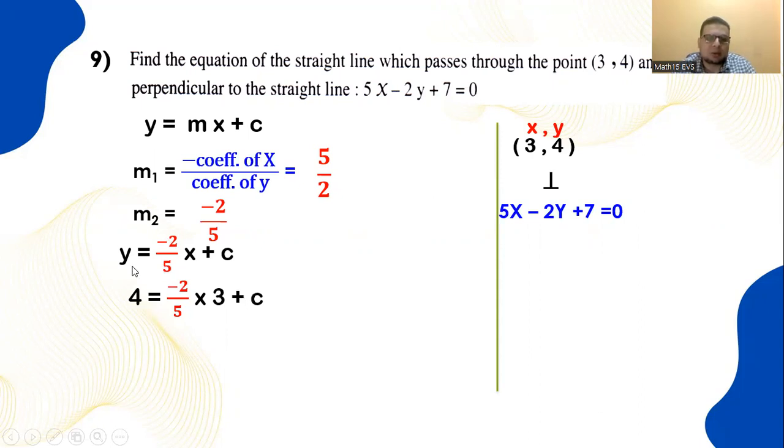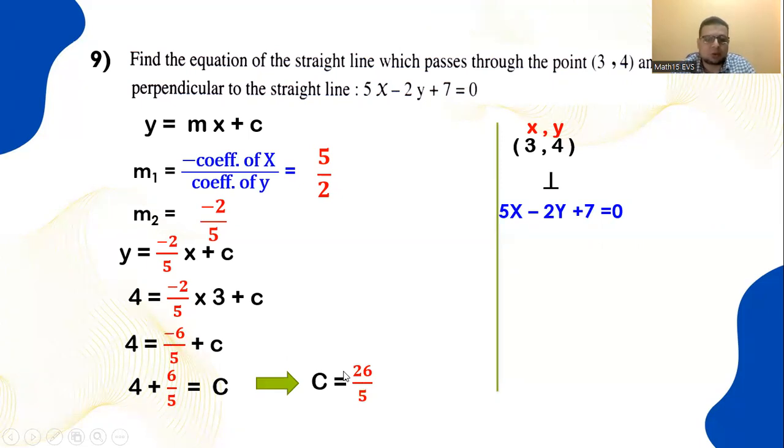So you will get 4 equals negative 2 over 5 times 3 plus C. So 3 times negative 2 is negative 6 over 5, and move negative 6 over 5 to the other side, plus 6 over 5 with 4. You will get C is 26 over 5. So replace C here with 26 over 5. So the equation will be y equals negative 2 over 5 x plus 26 over 5.